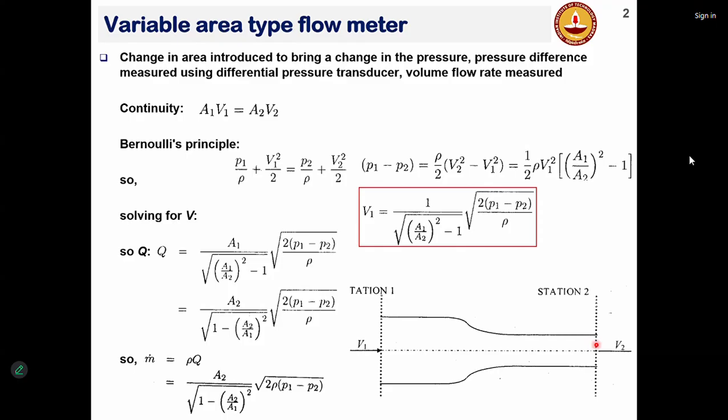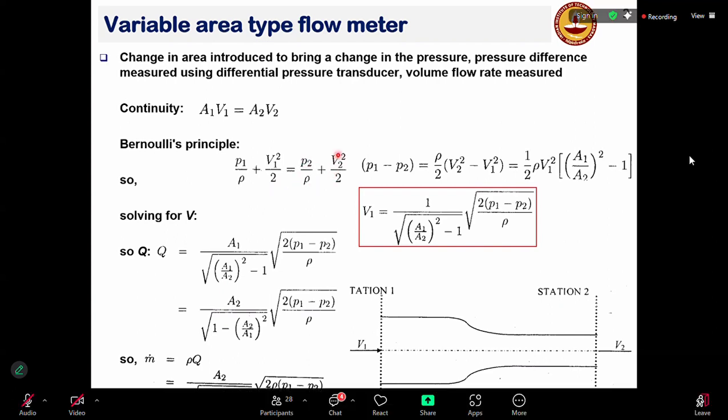That means the vertical height of these 2 points from any reference line, could be the ground, is constant. That means you can get rid of the datum head. So you have P1 over rho plus V1 square over 2 is P2 over rho plus V2 square over 2.